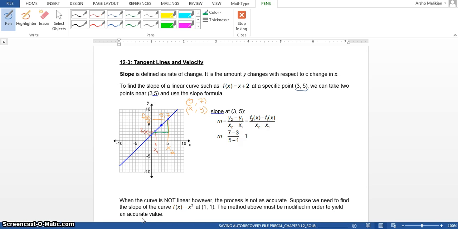But we said that we're going to make it more elegant, so it's actually going to be f of x2 minus f of x1 over x2 minus x1. Okay? And now, what's f of x2? It's 7. What's f of x1? It's 3. So 7 minus 3 over 5 minus 1 is 1. Okay? So the slope between these 2 points is 1.